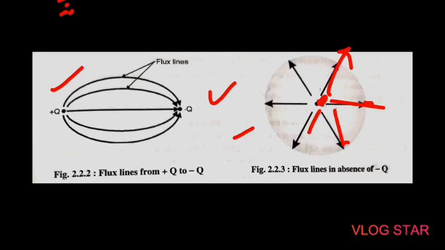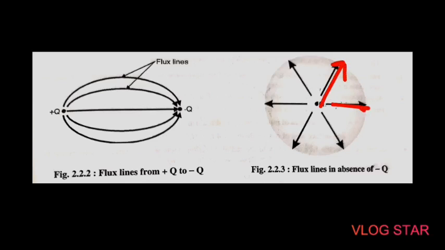Okay, the third property is that the flux lines never cross each other. These are the flux lines and they never cross each other. Then the fourth property is that the flux lines are not dependent on the medium in which the charges plus Q and minus Q are placed.